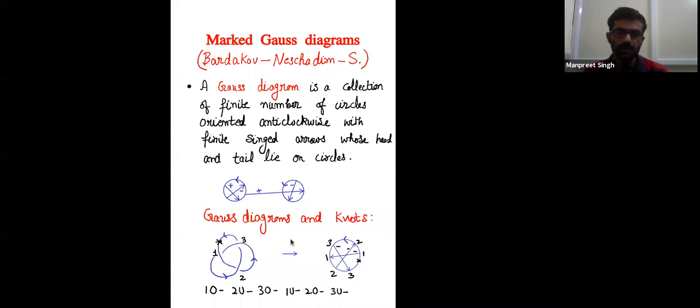So how are ghost diagrams related to knots? Suppose we are given a diagram of the trefoil knot, then we can construct a ghost diagram corresponding to it. First, we need to parameterize the diagram. We put a star and start moving in the direction of the orientation of the knot. We label the crossings as 1, 2, and 3, and we write a code.